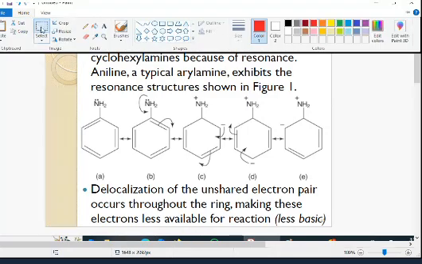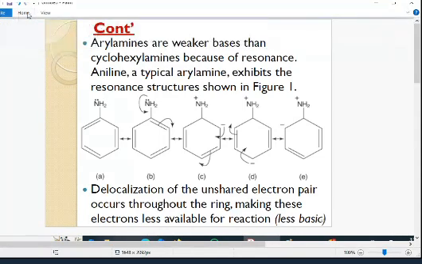So in this case, according to the statements I put there, when you're talking about amines that are connected to aromatic rings, they are weaker in terms of basic properties because of the resonance. Resonance means electrons keep on shifting from one point to another, and that makes it difficult for them to be available, to be used, or to be donated.